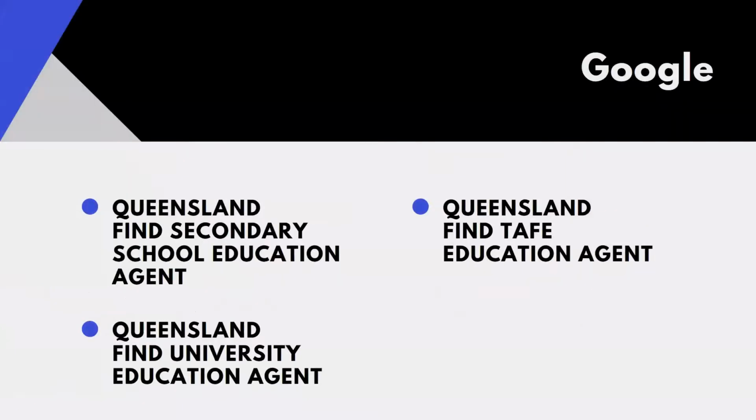Another option is to go to Google and enter in some terms like Queensland, find TAFE education agent, or whatever state you're studying in. Or you might be trying to find a university education agent or a secondary school education agent.